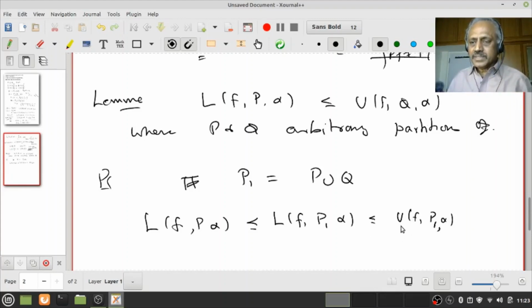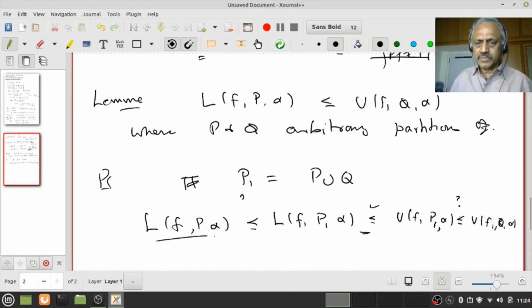Now, what is the relation between U(f,P1,alpha) and U(f,Q,alpha)? Remember, P1 is a refinement, or finer than Q, right? Therefore, what do we know? The finer the partition, the upper sums come down, right? Therefore, this is less than or equal to U(f,Q,alpha). Do you understand why this happens? This always happens, we know.